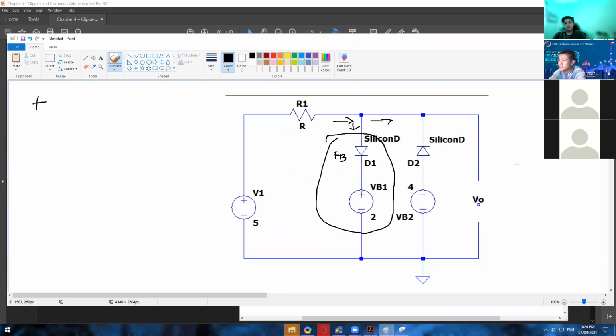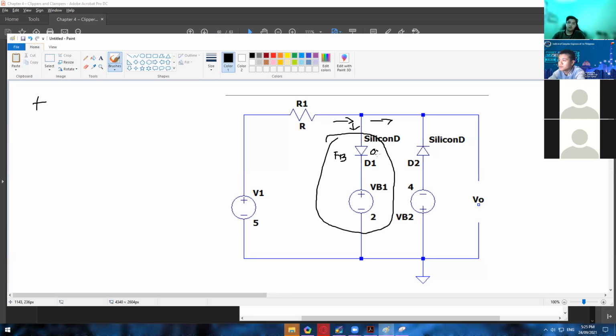And if it's in a reverse bias, supposedly our reading of VO will be this VI right here, but that is not the case when it comes to a dual clipper. When it comes to a reverse bias on the other diode, we have to read the voltage output on this component right here. This one is a silicon diode, so this one is 0.7.